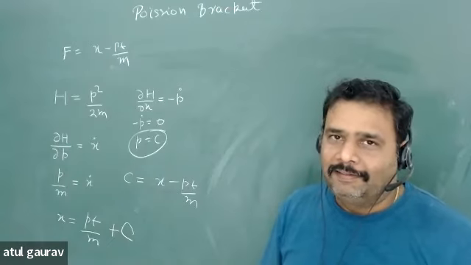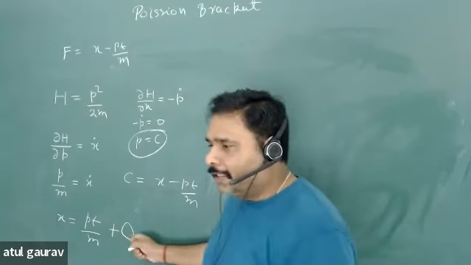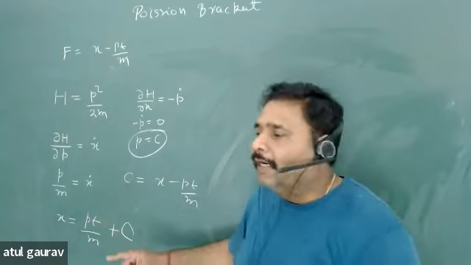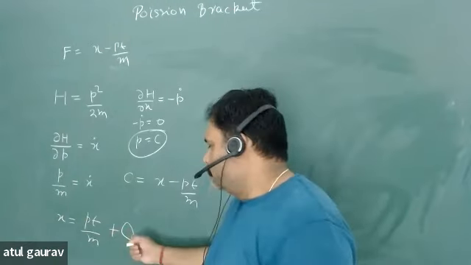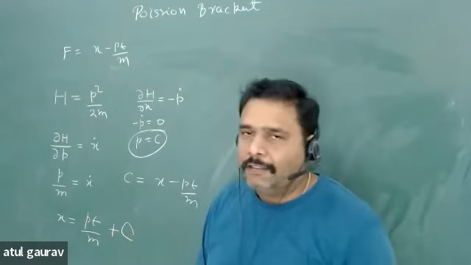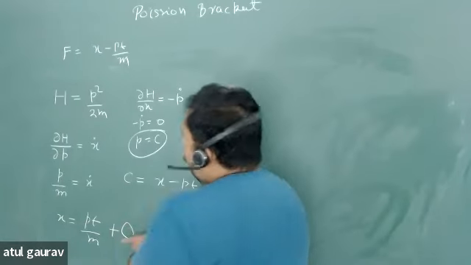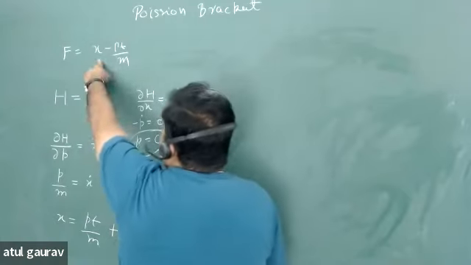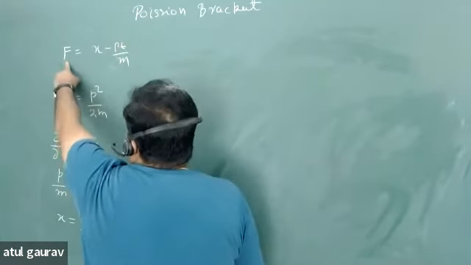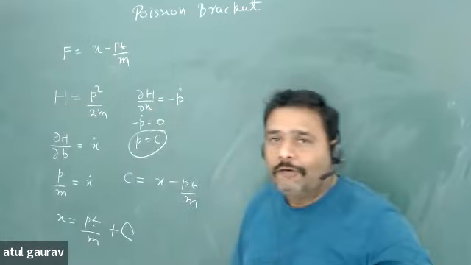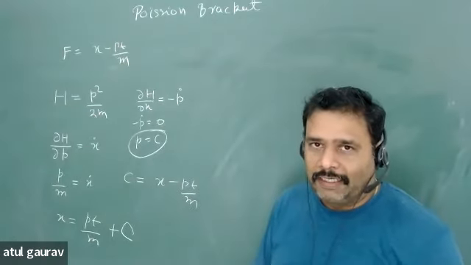Yes, sir. This is your integration constant. You have just calculated it and found that, okay, this is my integration constant. And what we have done is we have just found this c as a function of x and t. This is nothing but the integration constant for your time evolution x as a function of t.